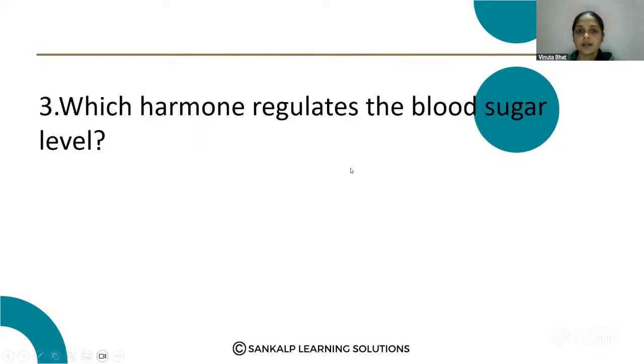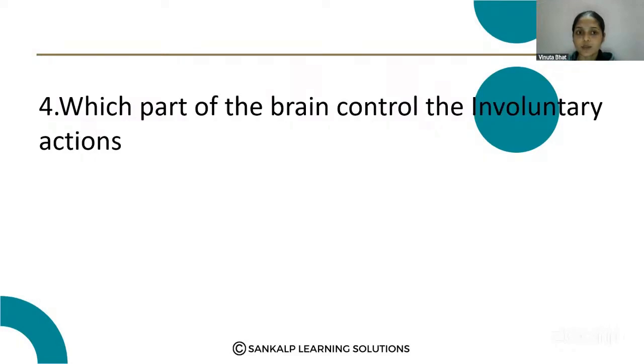Next question. Which hormone regulates the blood sugar level? That is insulin. Okay, the correct answer is insulin. Which part of the brain controls the involuntary activities?